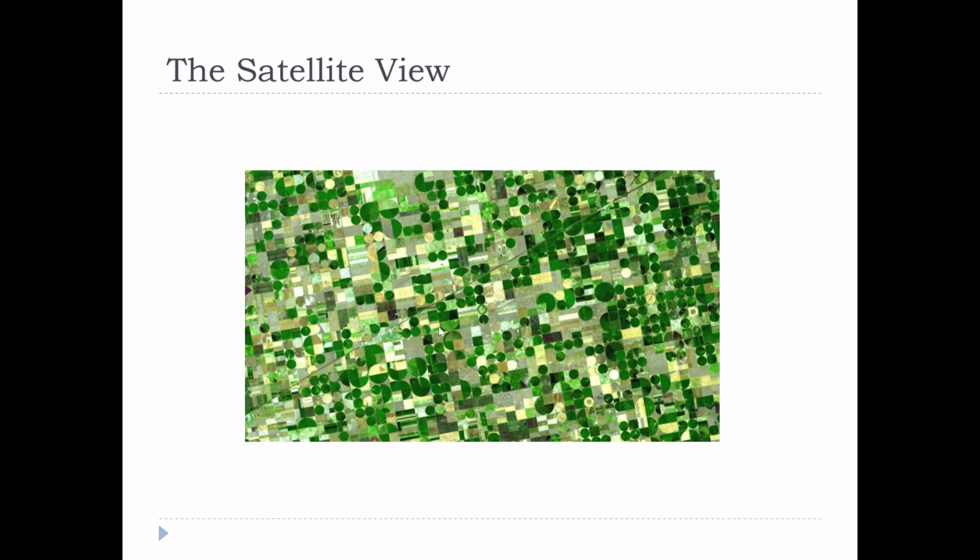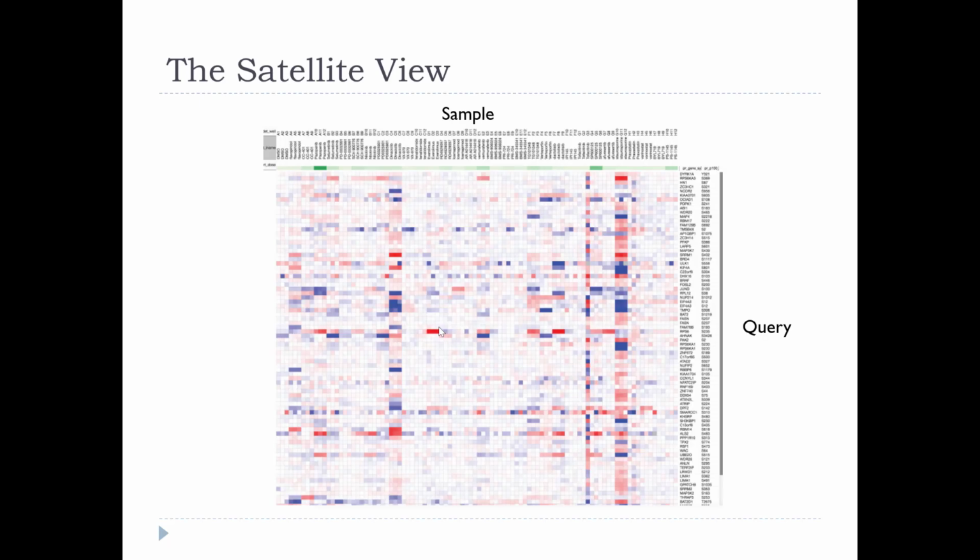Are they intentionally left fallow, or have they died, or what's going on? And this is our satellite view in proteomics, right? There are tools that will just spit out the information that you then use to do this, where you have all the samples and all your things queried, and now you may think, okay, I've got all my numbers, now I can start running statistics and coming up with interesting insights.